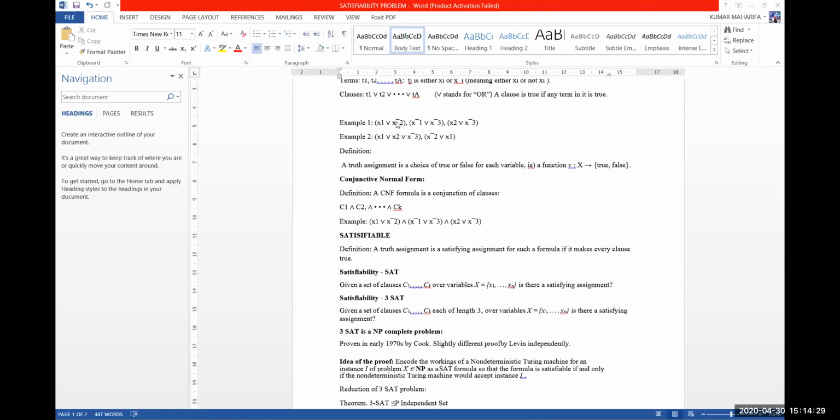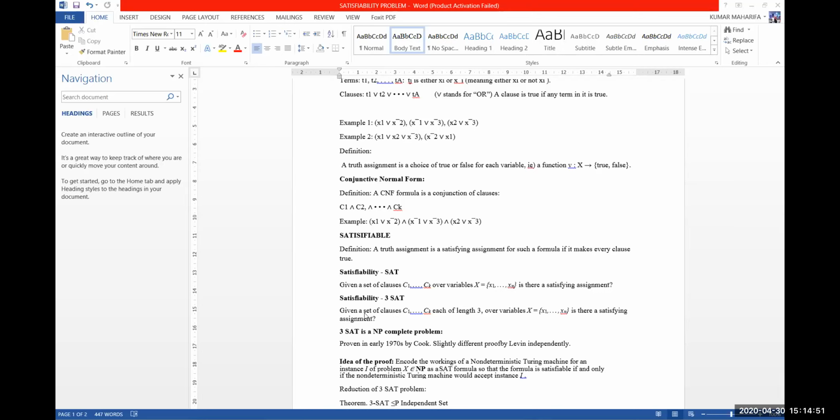This clause contains 2 variables, this clause contains 2 variables, this clause contains 2 variables. If you put conjunction between them, this example stands for 2-SAT. If all these 3 clauses contain 3 variables inside, that will become 3-SAT. That is the only difference between simple SAT and 3-SAT.